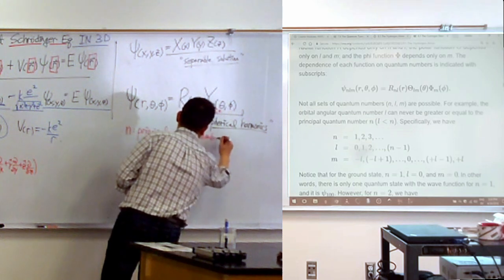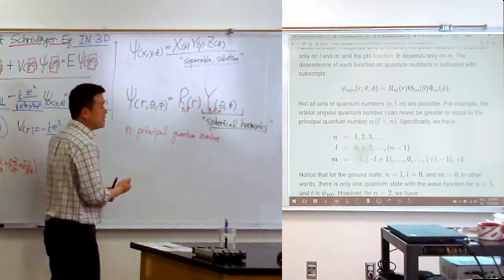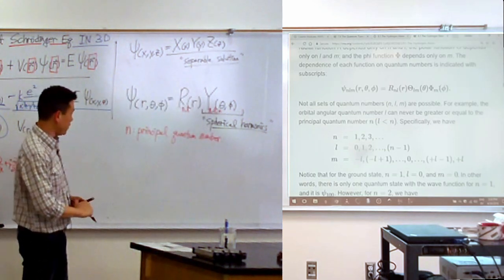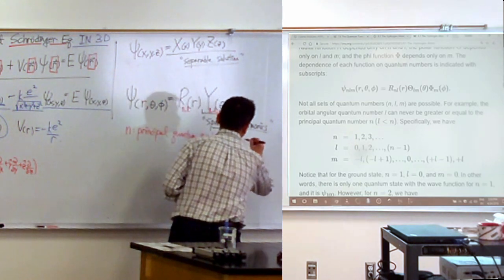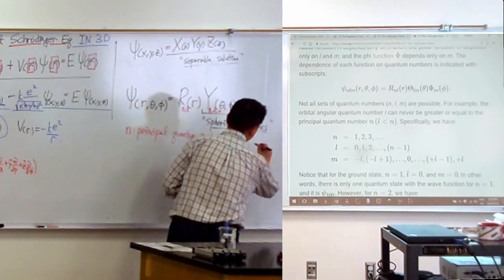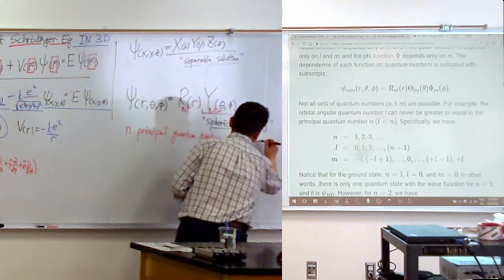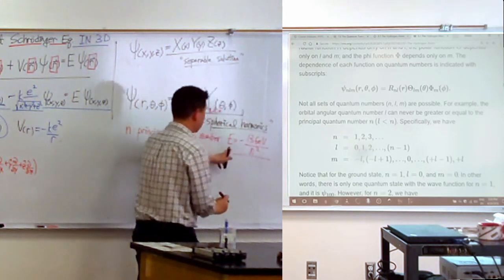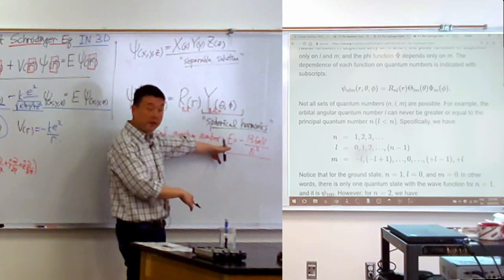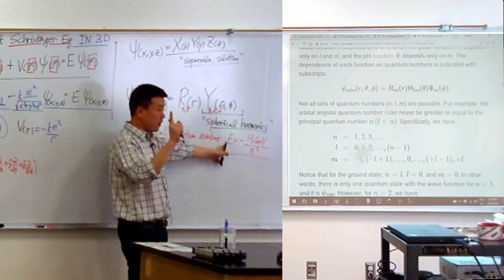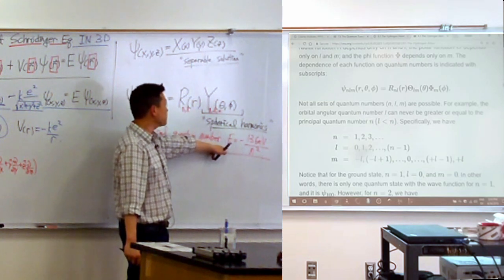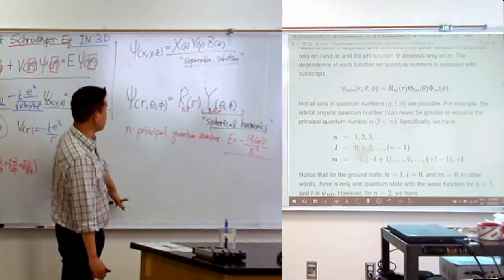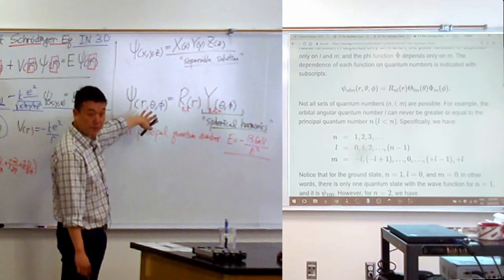The key thing that came out of the Bohr model was that your energy was equal to minus E naught, or for hydrogen, 13.6 eV divided by n squared. That's what you had in the Bohr model, and this is the one correct result out of the Bohr model. This is still correct in the fully quantum mechanical treatment.